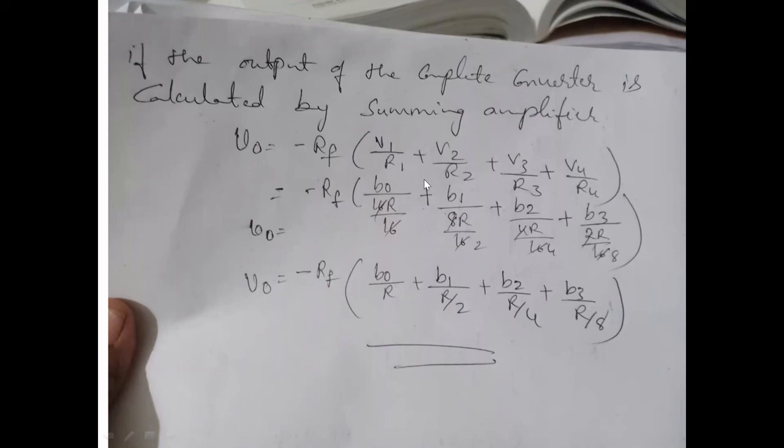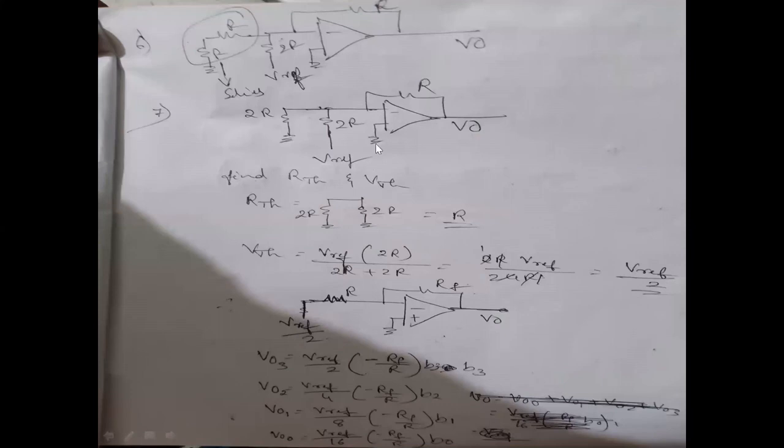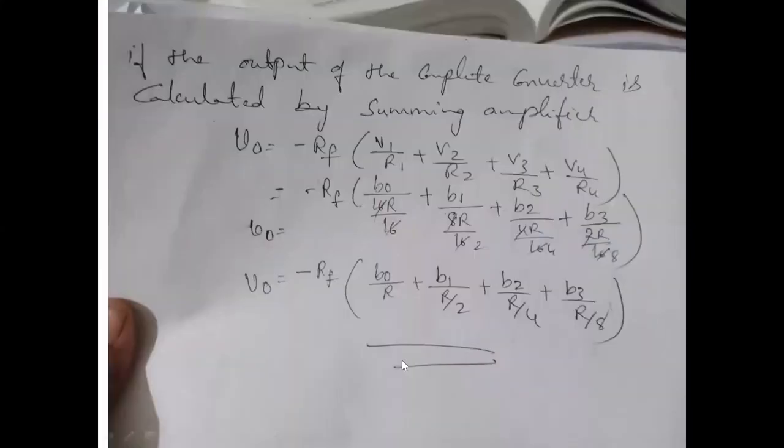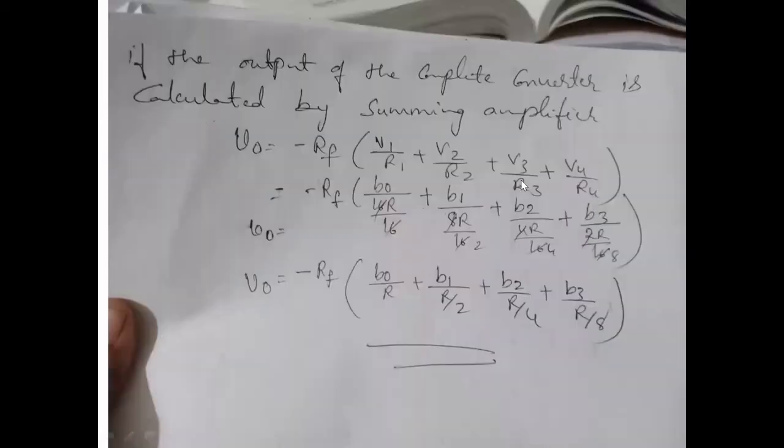Otherwise you will have the resistors which are connected to it. So here we will consider the RF feedback is the same in all cases. So RF is the same, we will take it out as common. So minus RF into V1 by R1 plus V2 by R2 plus V3 by R3 plus V4 by R4.